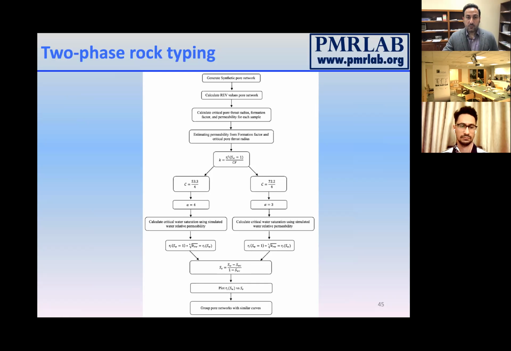And at the end, we plotted effective saturation as a function of that critical pore radius, because this is the characteristic pore size. And we wanted to show how characteristic pore size would change with effective saturation. And at the end, we classified rocks or pore networks based on this approach.